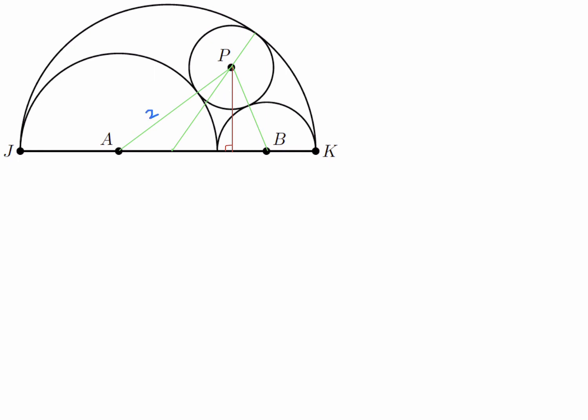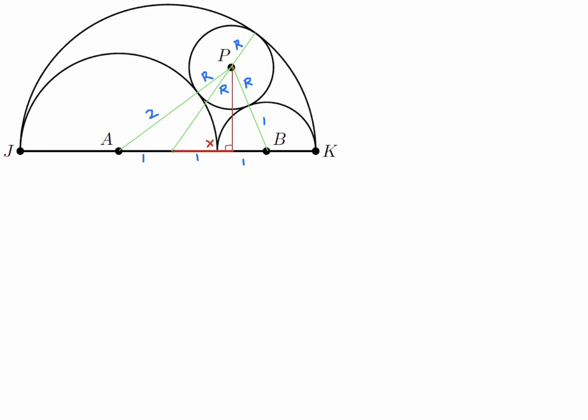This is 2, this is my R, radius, radius, radius. And this is also R. And this is 1, and this is 1, this is 1, and this is 1. And then from here to here, I will label X. I'll write that in red just to show that it's a little bit different.